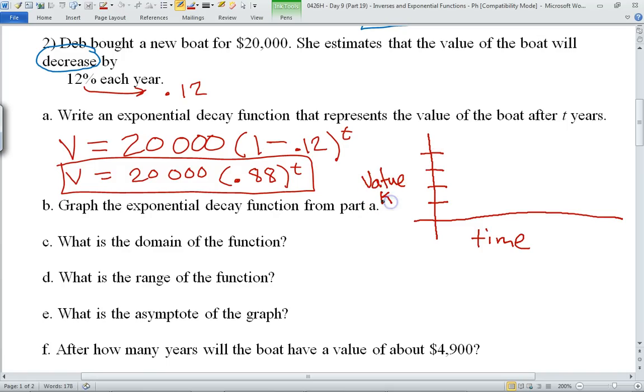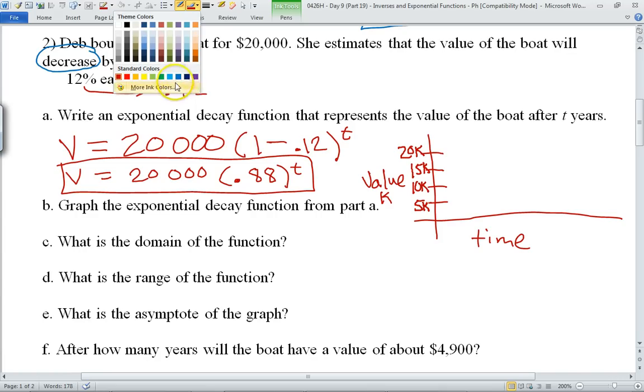We're going to measure this in thousands. So this is 5,000, 10,000, 15,000, and 20,000. That's really good enough to start this thing off with.